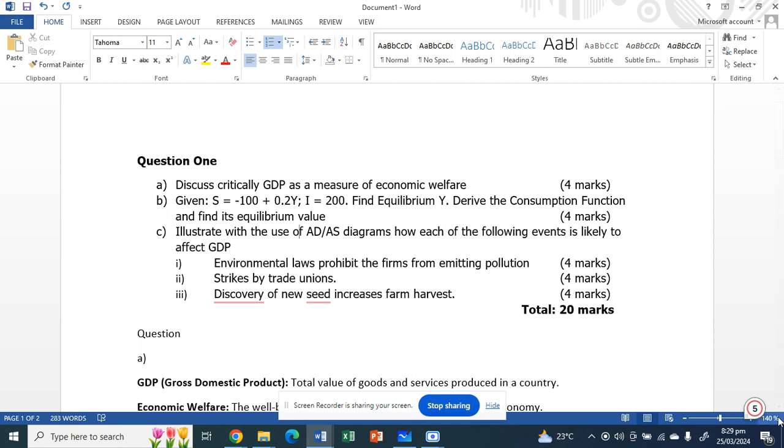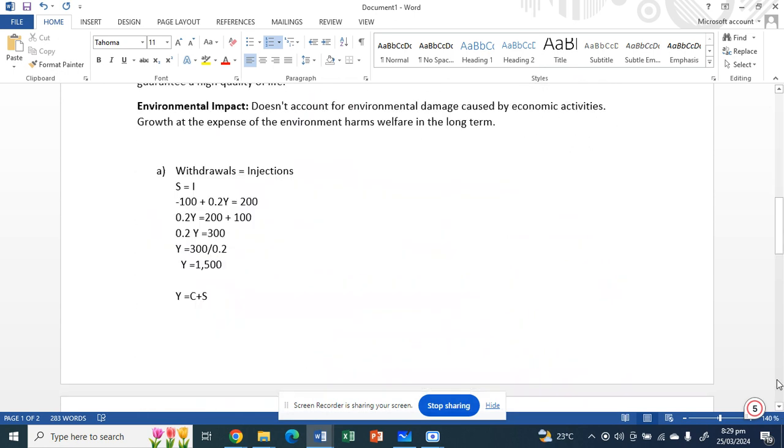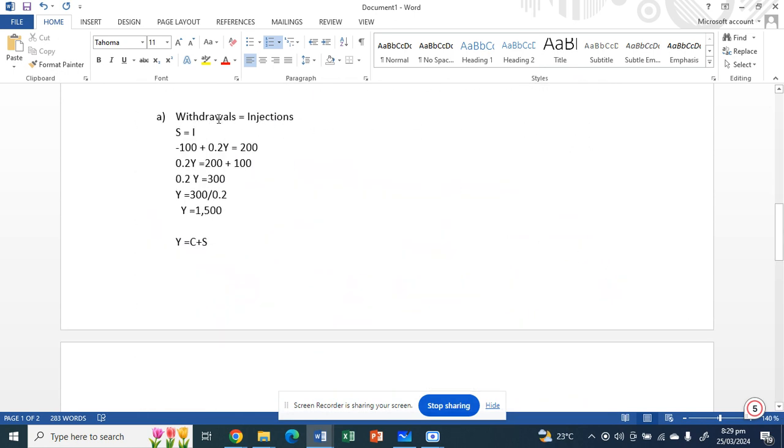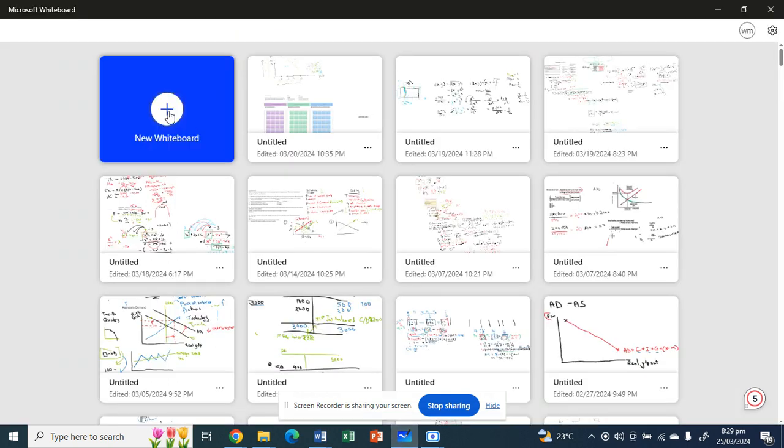So we are going to equate the two. Withdrawals equals injections. With the withdrawals, we've got our savings, which are represented by the savings function, negative 100 plus 0.2y. Let me just use the board, because most people prefer the board.